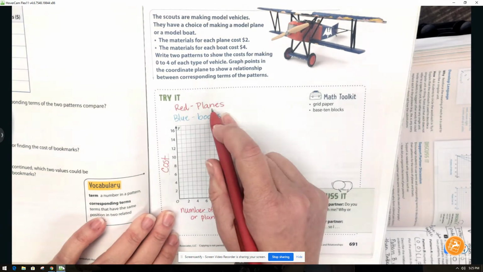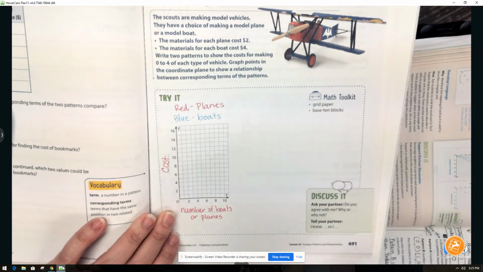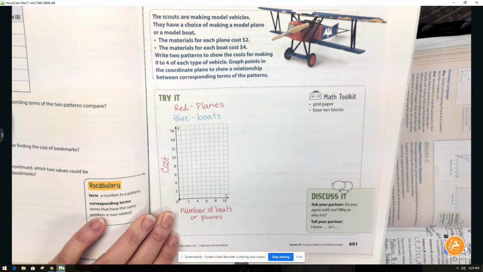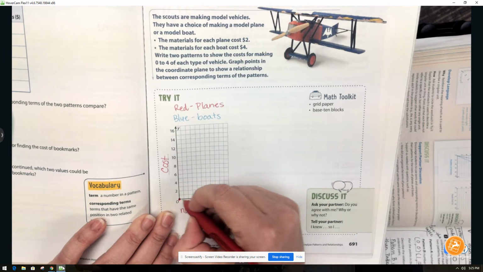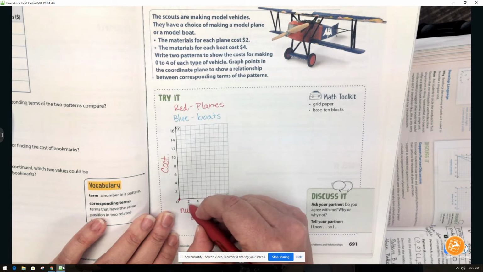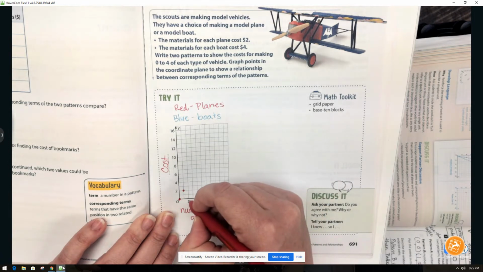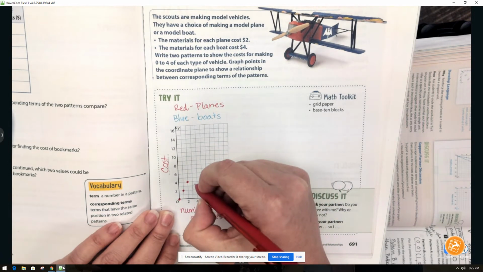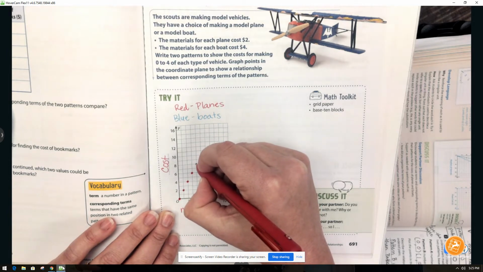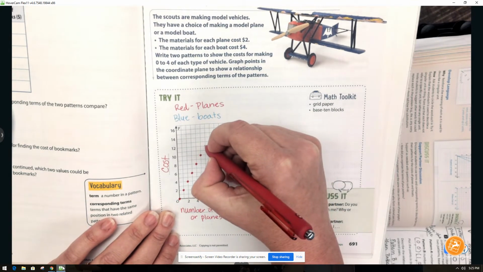So let's go ahead and start with our number of planes. Now we know that each plane costs $2. So if we had 0 planes, how much would that cost us? That's right, 0 planes would cost us $0. Now, one plane, there's no 1 listed, but I know that 1 is between 0 and 2. So one plane costs $2. 2 planes would be $4. 3 planes would be $6. 4 planes would be $8. 5 planes would be $10. 6 would be $12.